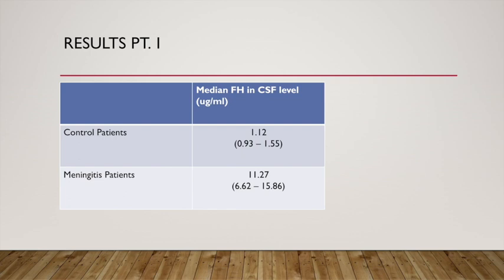And in patients with meningitis, we saw a median level of 11.27 micrograms per milliliter, and these levels were ranging all the way from 6.62 to 15.86. So obviously we are seeing high levels of factor H in patients with a bacterial meningitis infection.